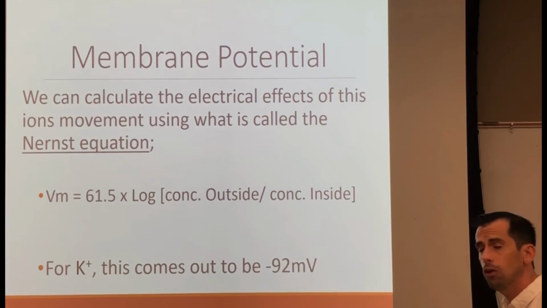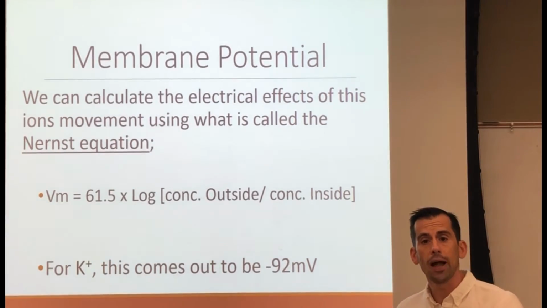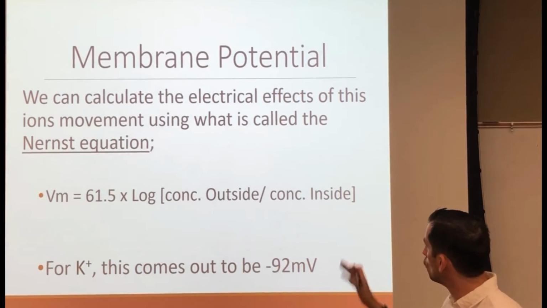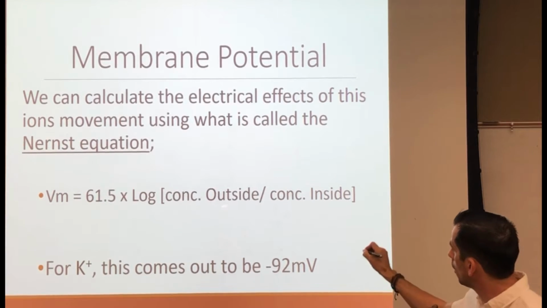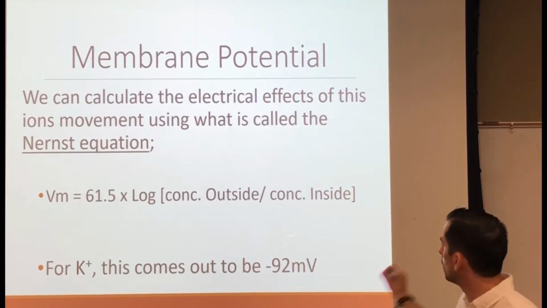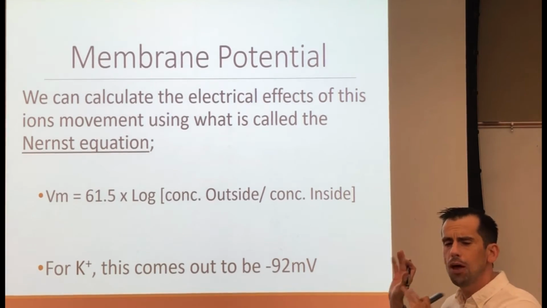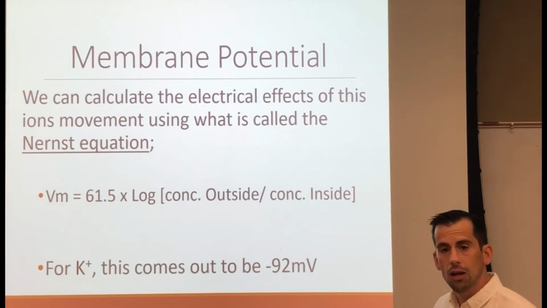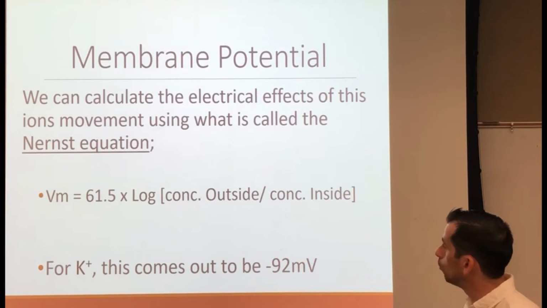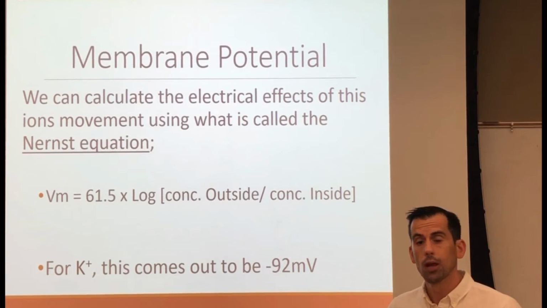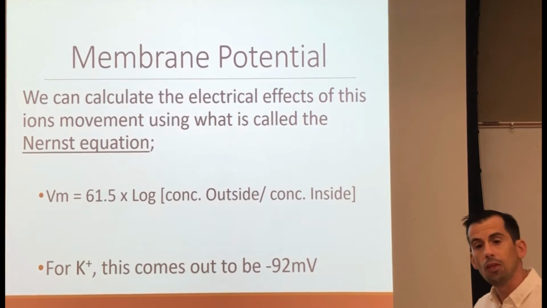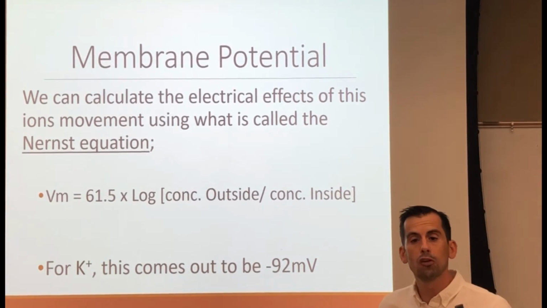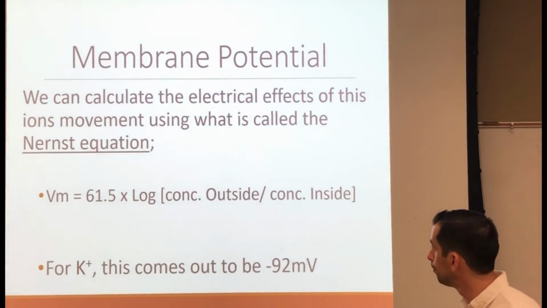And we can actually calculate the voltage exerted by any of those ions by the Nernst equation, where we have the log times the concentration gradient outside compared to the concentration gradient inside. And when you do that type of calculation, we will see that the equilibrium potential for potassium is around minus 92 millivolts. That is the voltage exerted by the movement of potassium in the model that we just had.